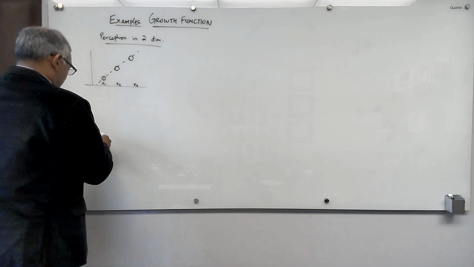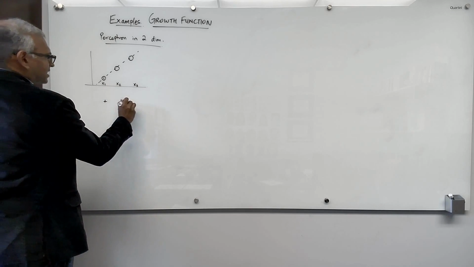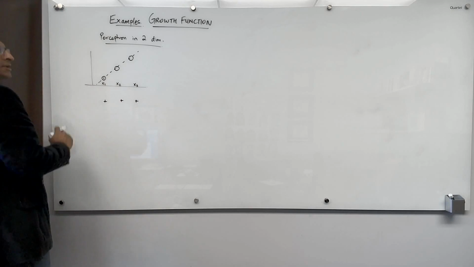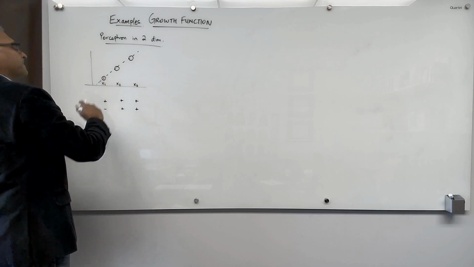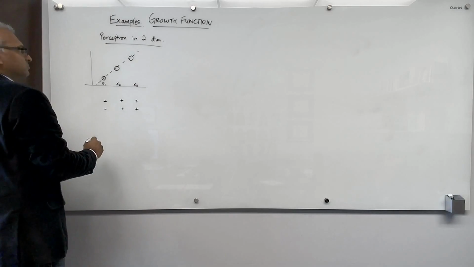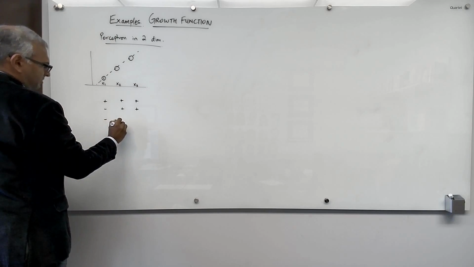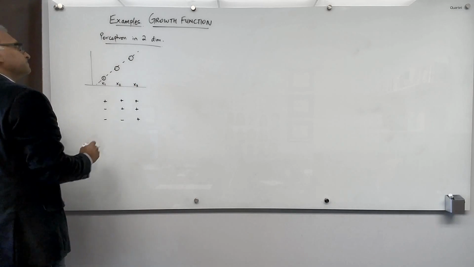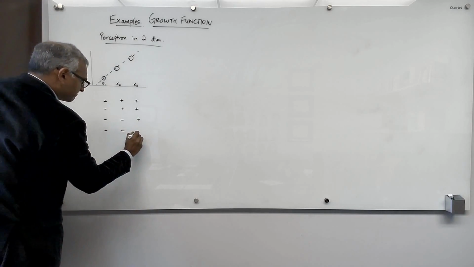I can implement plus, plus, plus. I put the line here. I can implement minus, plus, plus. I put the line here. And that side is plus. I can implement minus, minus, plus, if I put the line here. Okay, I can implement minus, minus, minus.